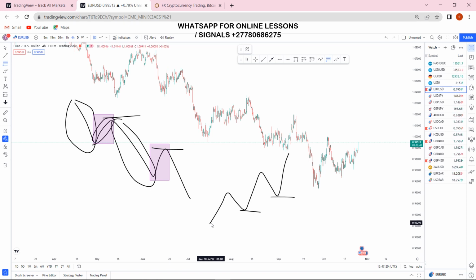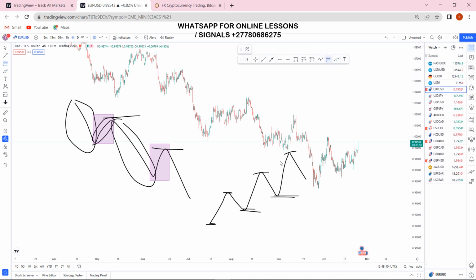So where the impulse wave started is where you're going to first place the Fibonacci retracement, and where the impulse wave ended and it was the start of a corrective structure, this is then where you will end the retracements, right? So basically you start here, you end here. That is how you are going to place the retracement levels.